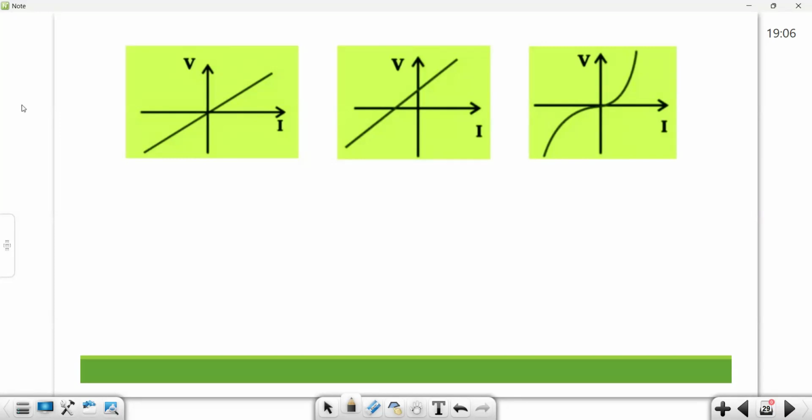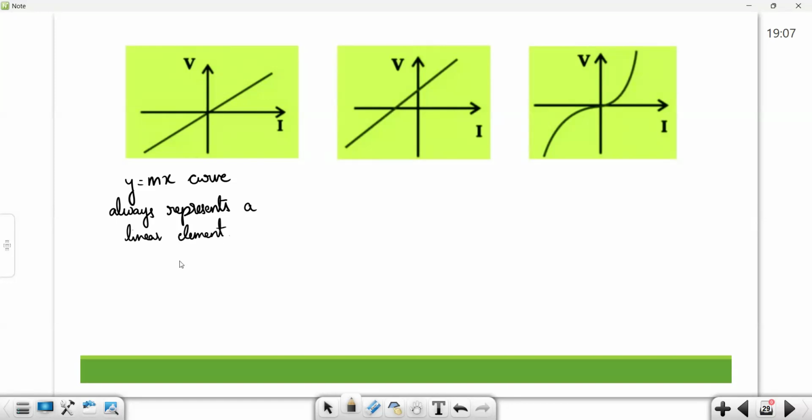Here, what is this equation? Yes, you all know this is the equation of a straight line, y is equal to mx. It always represents a linear element. Why?